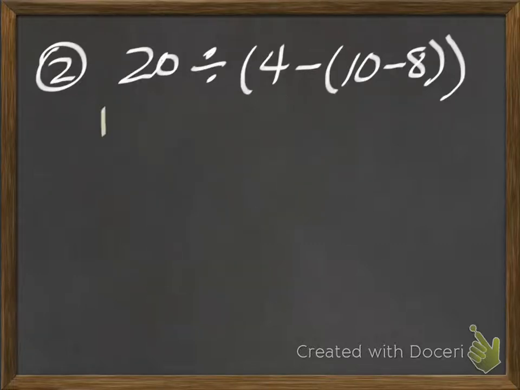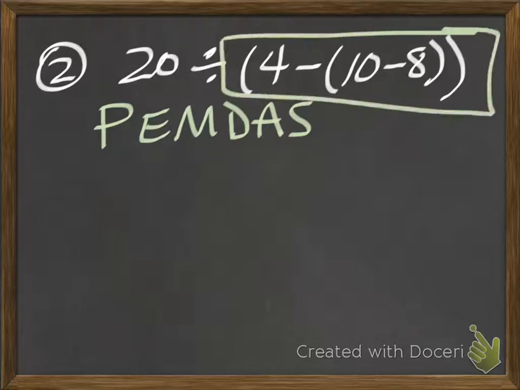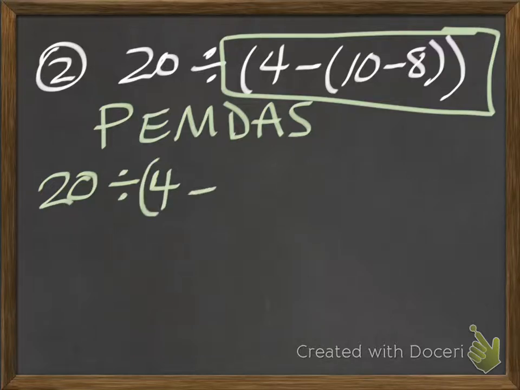Let's look at this one. PEMDAS. I always write this on my paper when I'm demonstrating order of operations, and I think you should too, to make sure you don't skip anything. Are there some parentheses here to deal with? You bet. There's 2 sets actually. So let's keep the 20 divided by for now, and let's go to the inner set of parentheses and do 10 minus 8, which is 2.